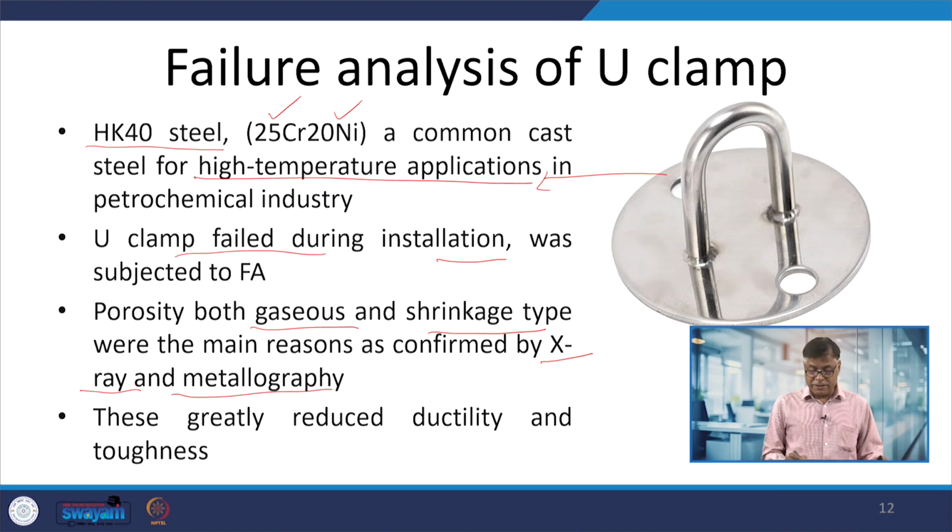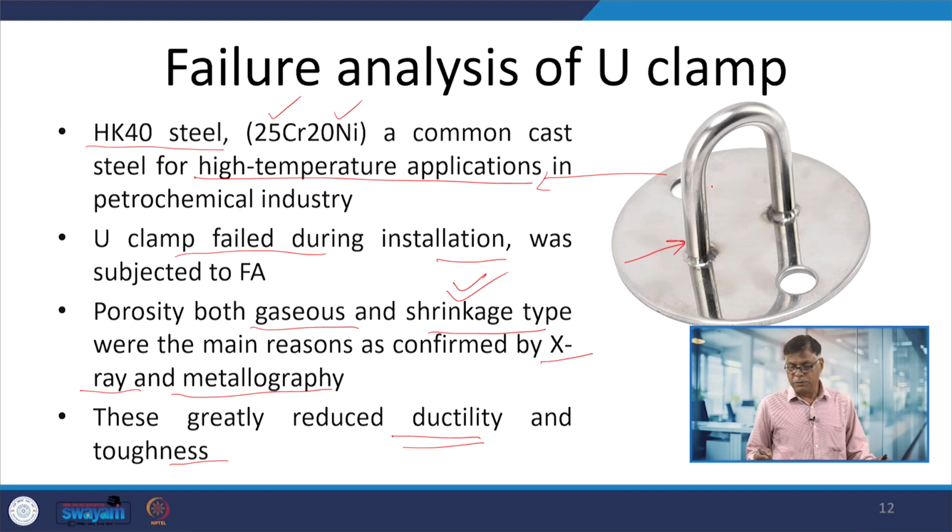The presence of these cavities and porosities resulted in a significant reduction in ductility and toughness, and therefore the U clamp failed in two places: one next to the weld joint which was providing support to the U clamp, and another at the bend section.